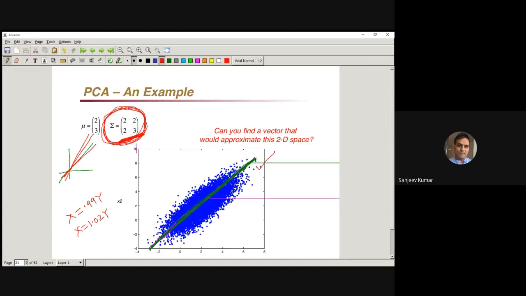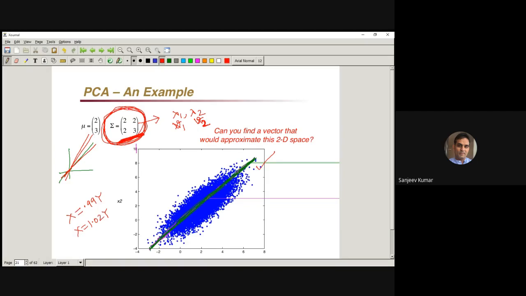So this is a 2 by 2 matrix. You will have two eigenvalues, lambda 1 and lambda 2, and corresponding to each eigenvalue you will have an eigenvector, x1 and x2. Since I am taking dimensions, I can say v1 and v2.